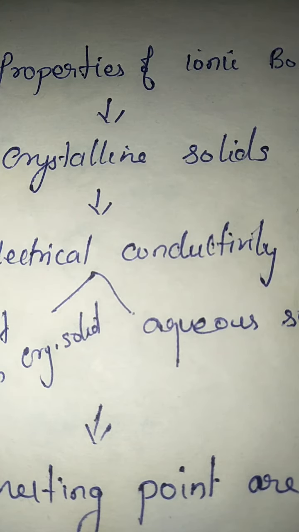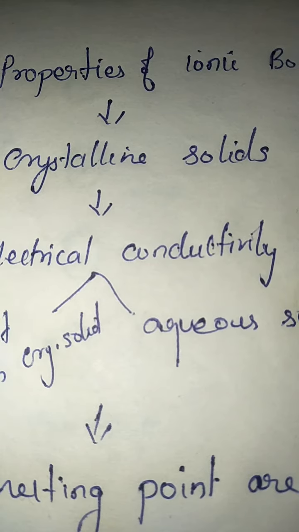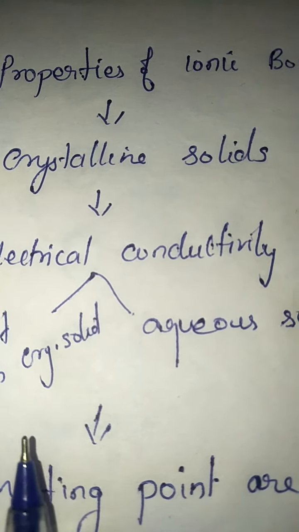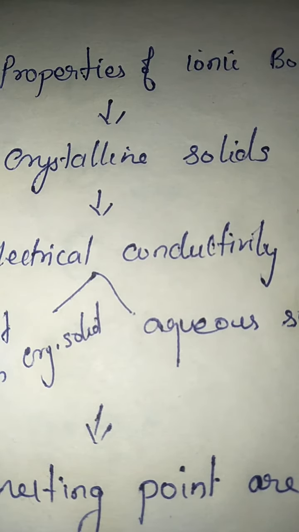mostly they are found in crystalline forms, as crystalline solids. At home we have common salt, sodium chloride. If you have doubt, take it and look at its size and physical state.